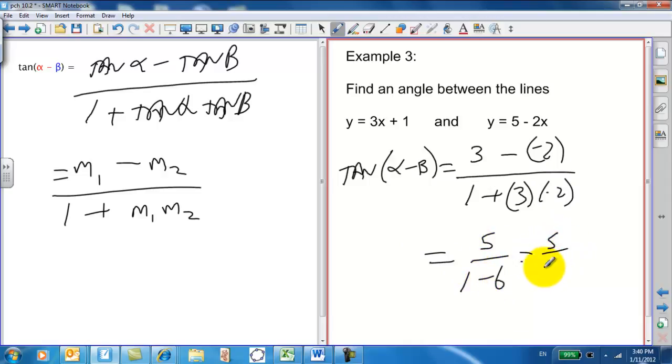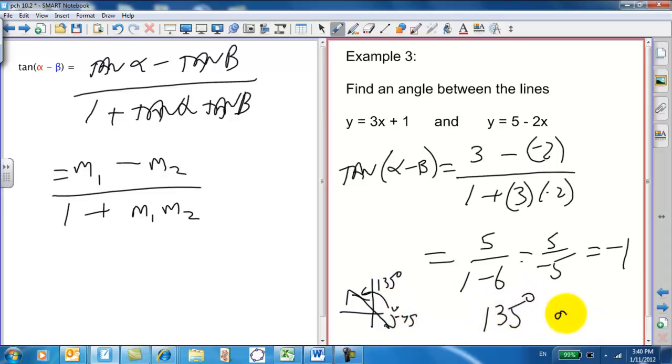That's 5 over negative 5, so that's negative 1. So, when is the tangent equal to negative 1? That's in the second quadrant or the fourth quadrant at 135 degrees or negative 45 degrees. And so we could say the angle between the lines is 135 degrees, or since we're just measuring the positive angle between these two, we could say 45 degrees as well.